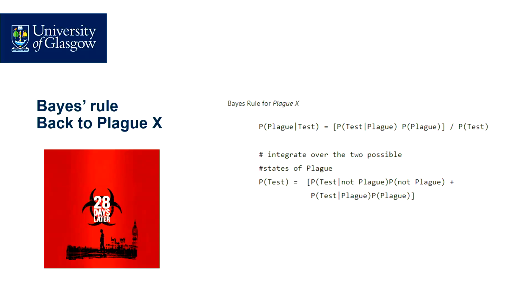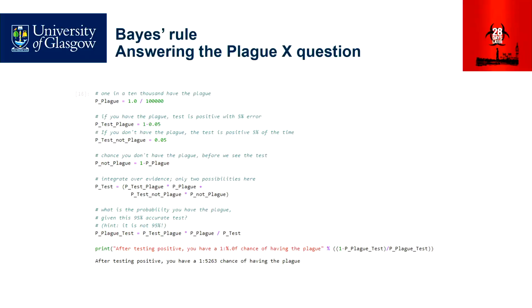We don't know the probability of having a positive test, but what we do know is the probability of having a positive test if you have the plague, and the probability of having a positive test if we don't have the plague, because that's part of those false positive and false negative rates. So we can obtain this P of test by marginalizing the probability of the test over all of the possible situations, being infected or not.